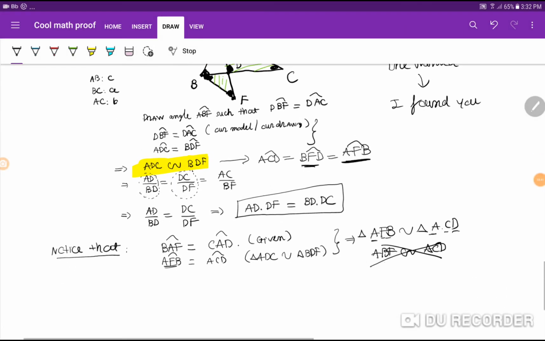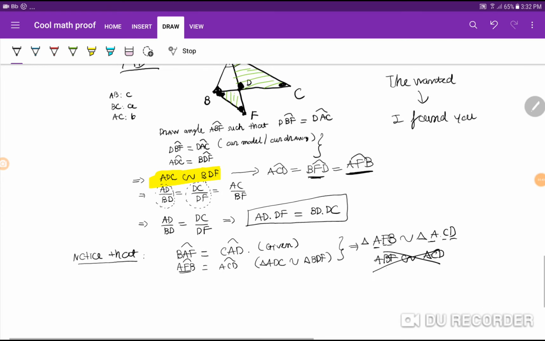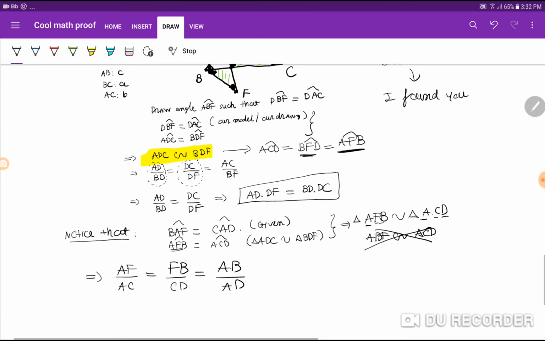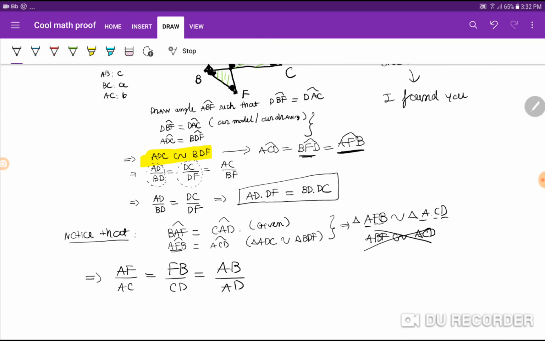And then after you write that, you get another ratio, okay? Let me write the ratio out. AF over AC equal to FB over CD equal to AB over AD, okay? And then once again, you have to pick which one is useful. Definitely we pick this one because they have AD. We're looking for AD. I'm looking for you.